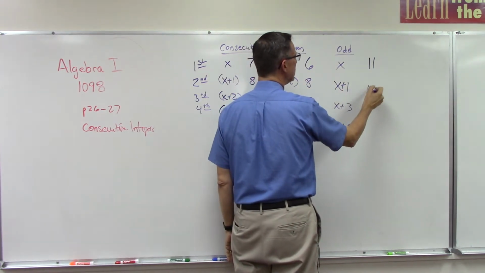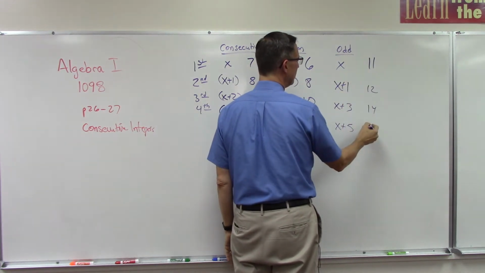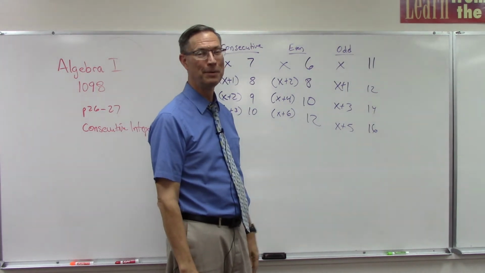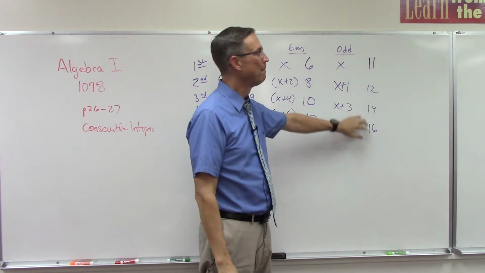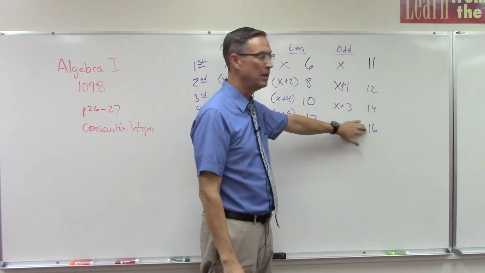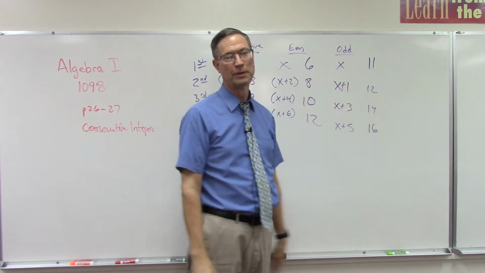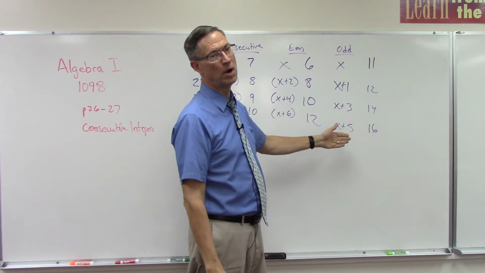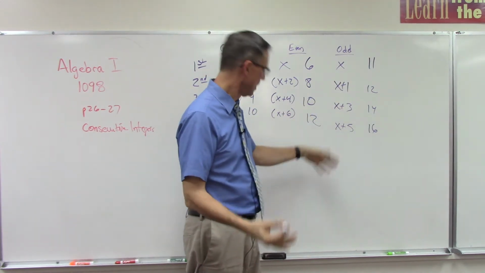11 plus 1 is 12. 11 plus 3 is 14. 11 plus 5 is 16. Uh-oh, we have a problem. Do you see the problem? These are no longer odd integers. These became even integers because I'm adding an odd number to an odd number. So this is not what we want to do, but this is what our brain tells us we should do because it seems to make sense.